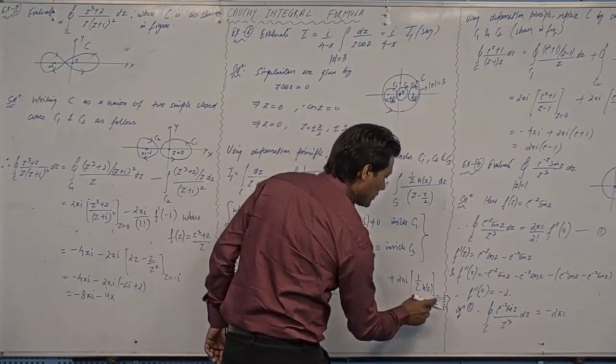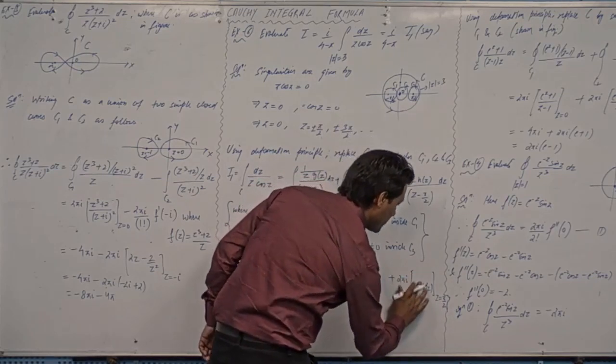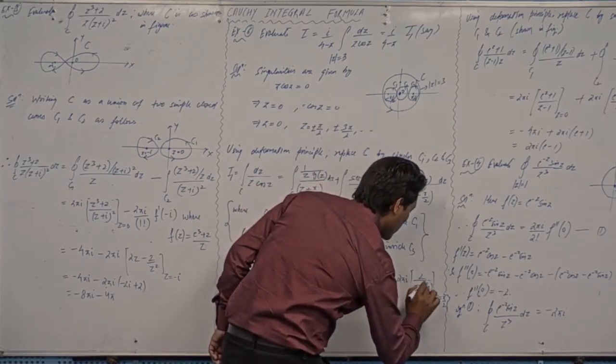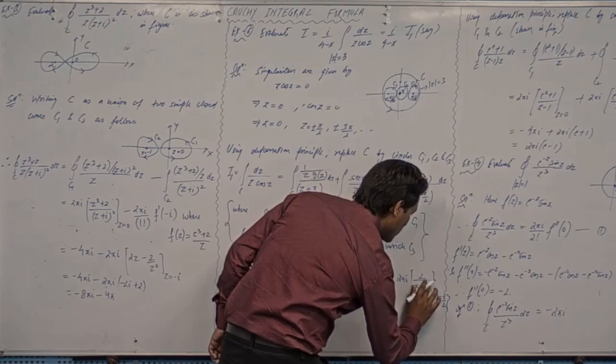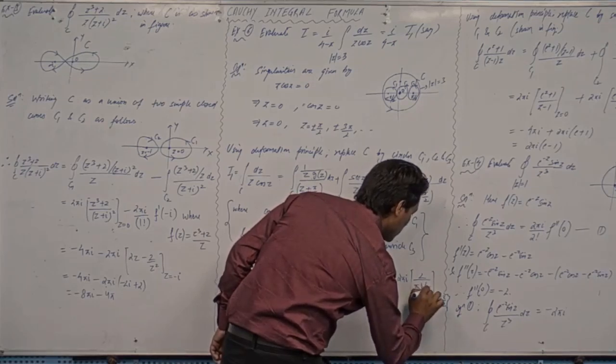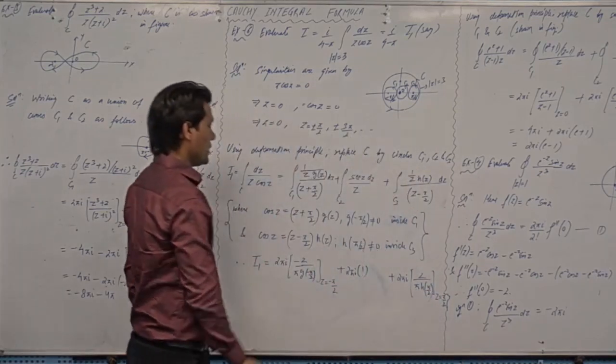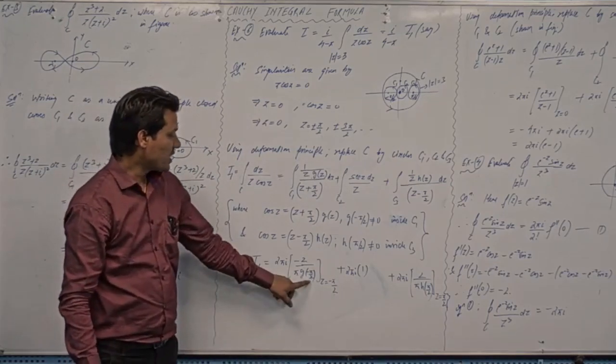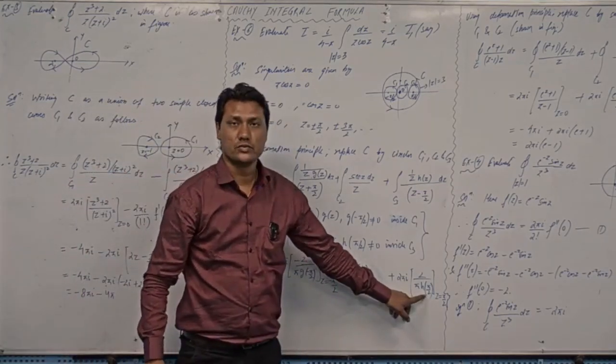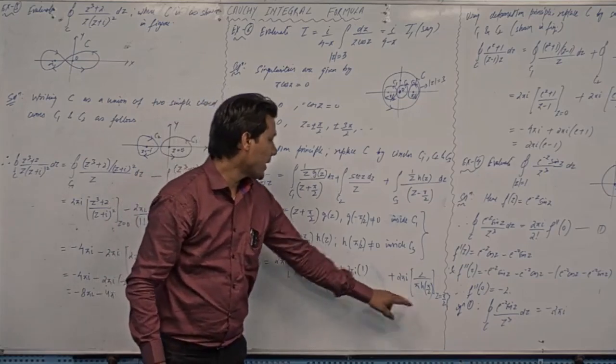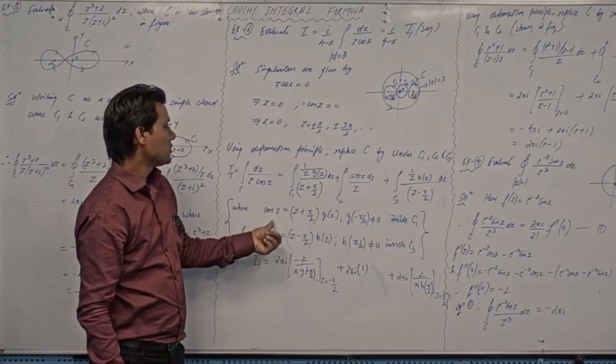And similarly for this one, that will be 2 by pi h evaluated at pi by 2, right? And now I need this g of minus pi by 2 and h of pi by 2, and these values will be given by these two results, right?